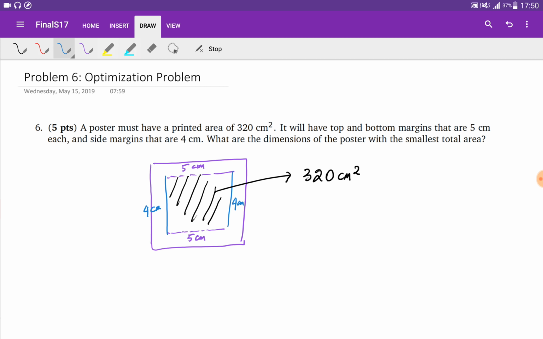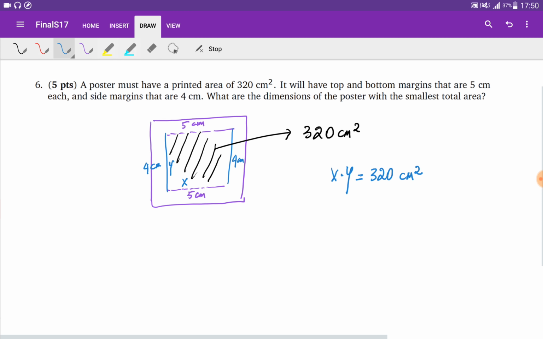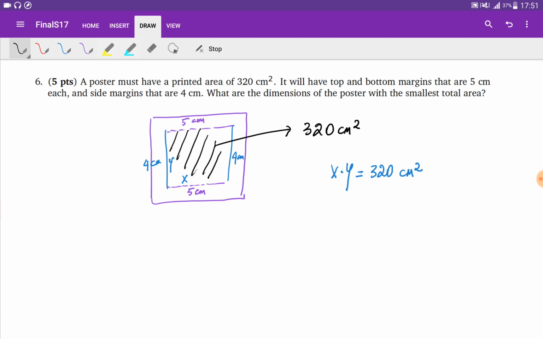So let me denote the printing area width as x and height as y. So basically x multiplied by y should be equal to 320 centimeters square, and the total area of a poster is going to be equal to x plus 8.